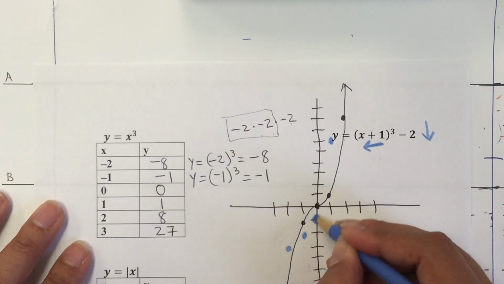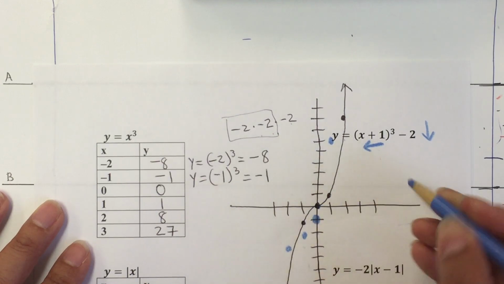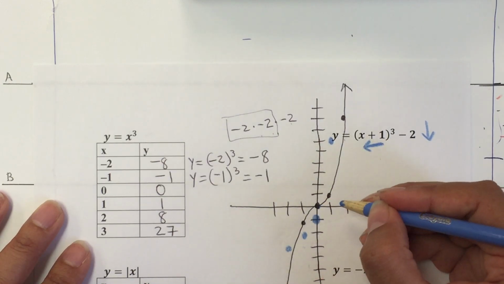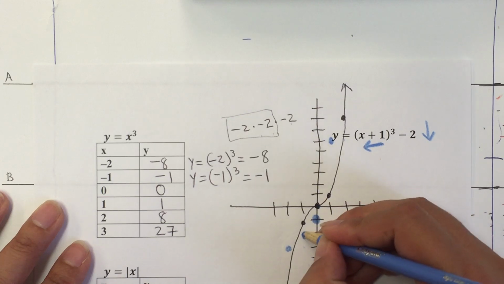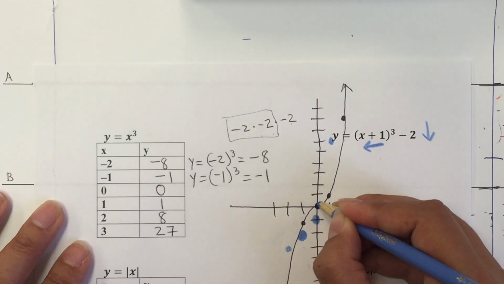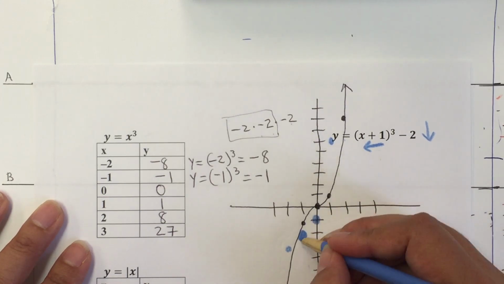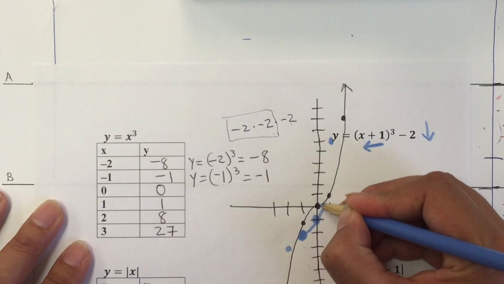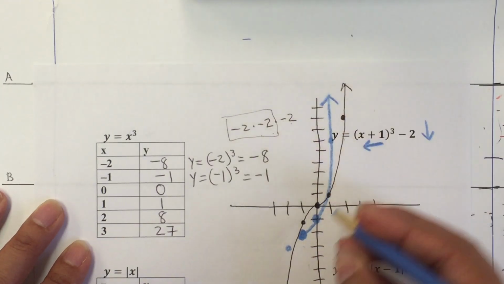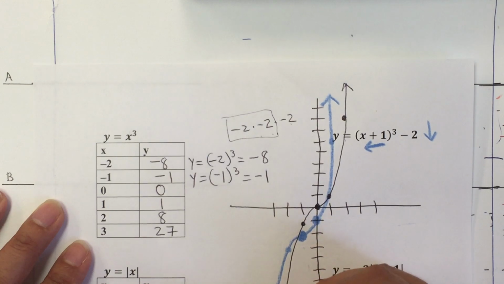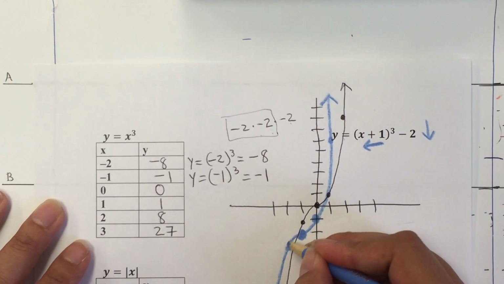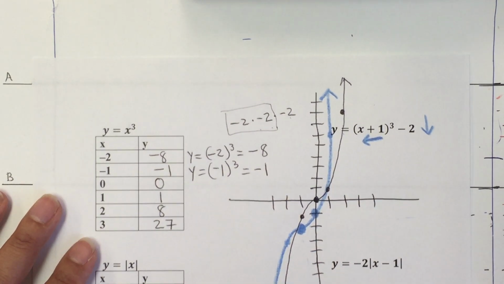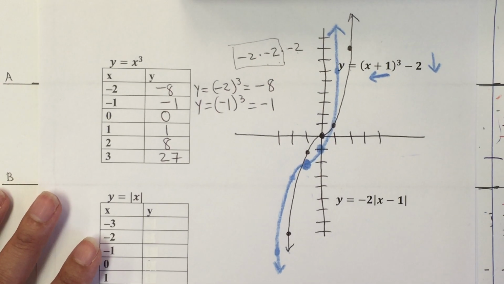So this is my middle. This is this point, and this is just this one. So I'm gonna now, from there, graph it like this, and from here we go like this, okay? And so that's how it would look.